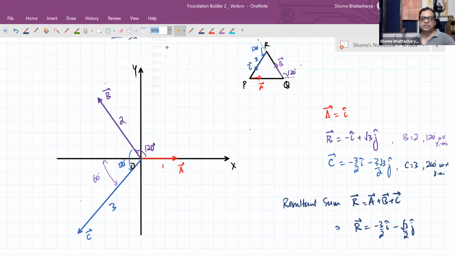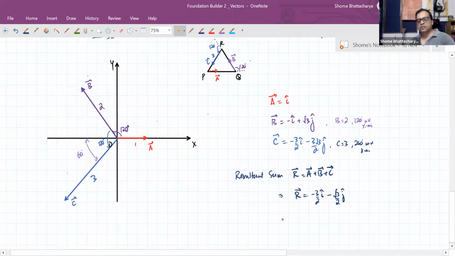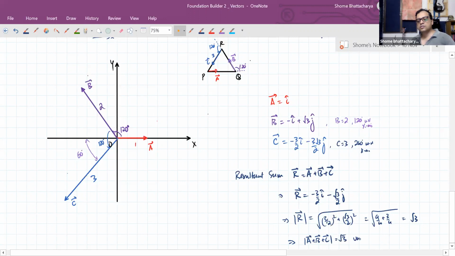So the magnitude of the resultant, next step, so the magnitude of the sum, so this becomes the answer to the sixth question.